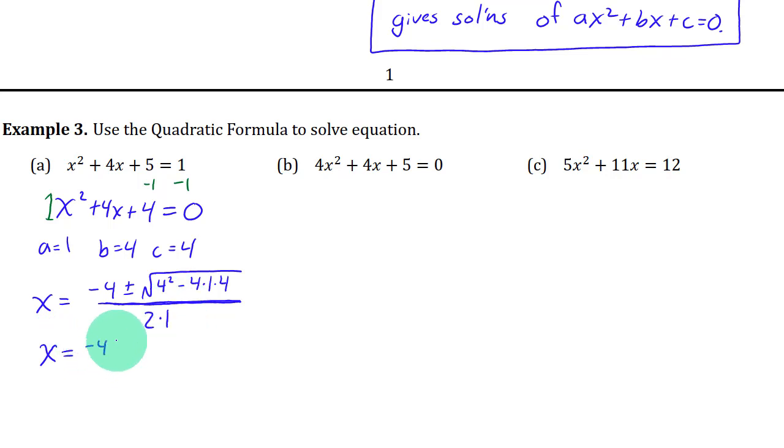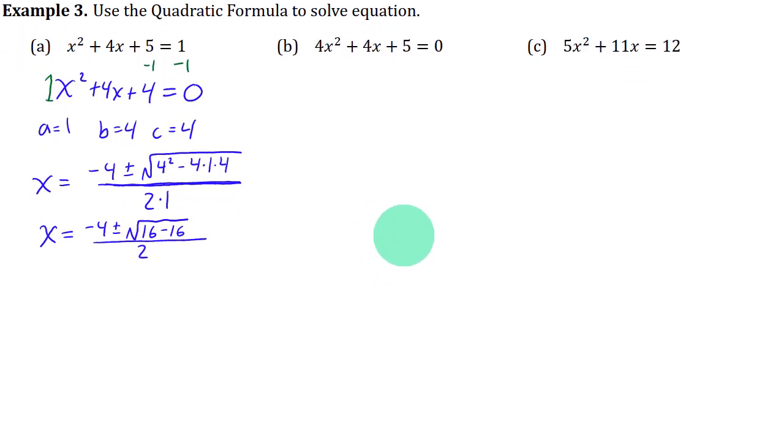The negative 4 plus or minus, I'm going to leave that alone because we got to simplify this part first. So we have 4 squared minus 4 times 1 times 4. 4 times 1 times 4 is 16, so is 4 squared. So this is going to be 16 minus 16 in there, which is 0. The square root of 0 is just 0.